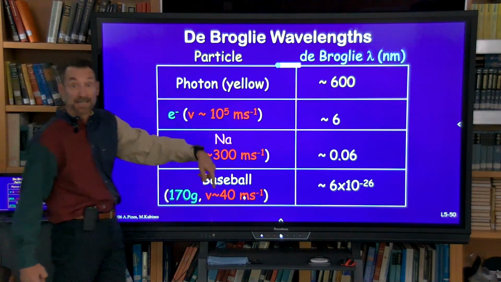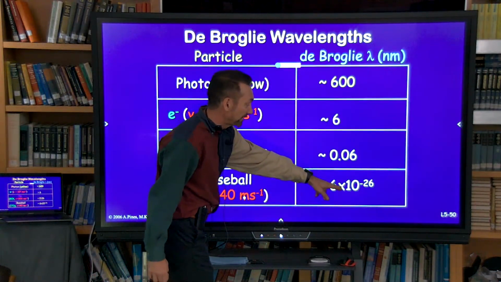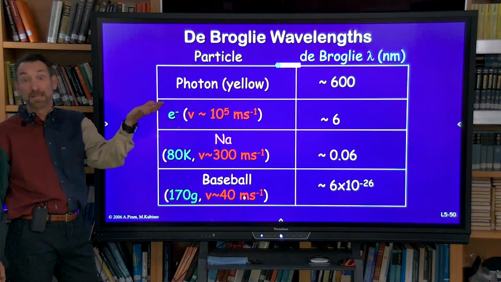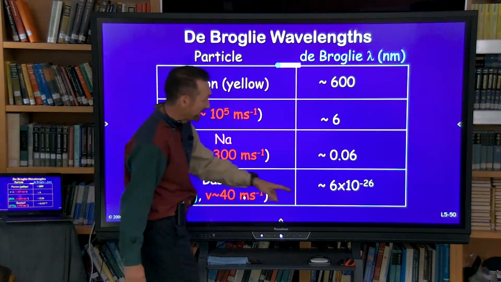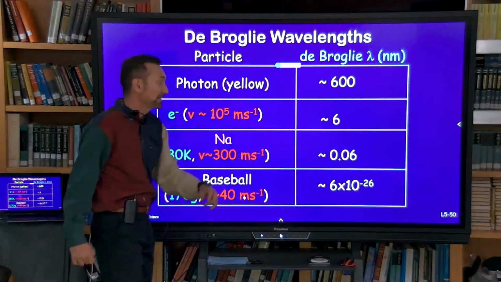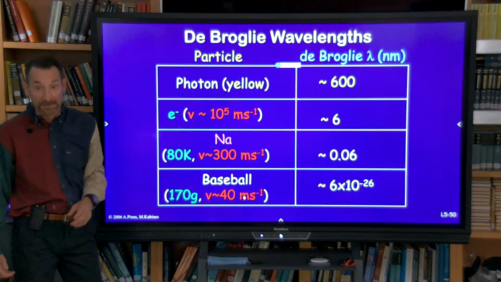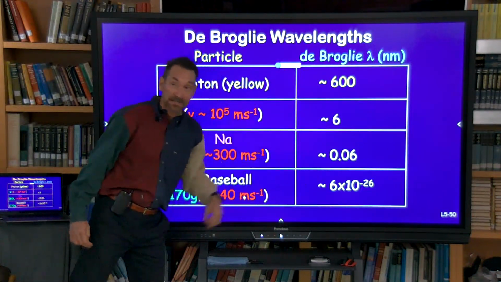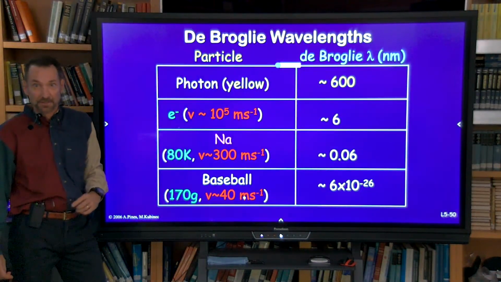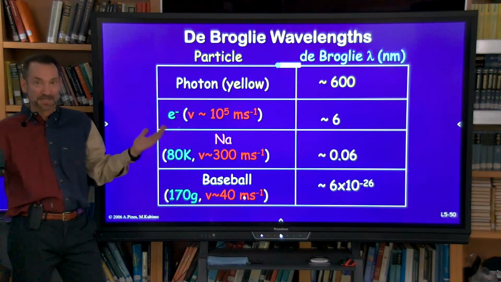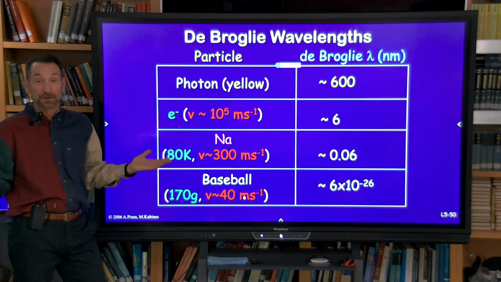You can plug it in, divide that into Planck's constant, and of course the wavelength is ridiculously small because the momentum is so big. So a baseball could have a wavelength, but it's 10 to the minus 26 nanometers. It's already 10 to the minus 9, and I'm giving these in nanometers, 10 to the minus 26 of those. So the wavelength is essentially a smaller division of space than we can even measure or conceive.